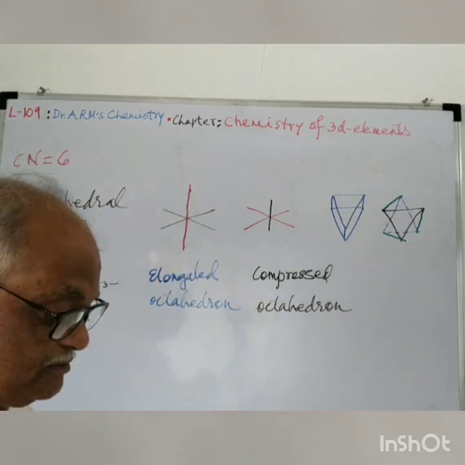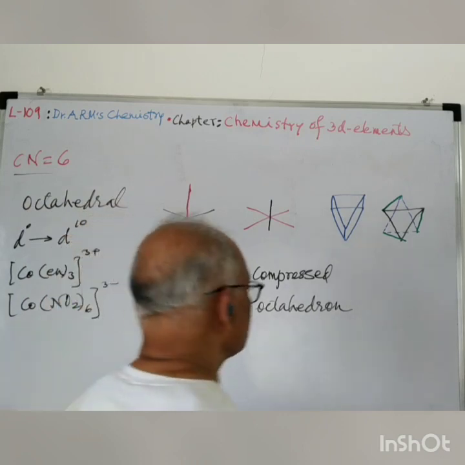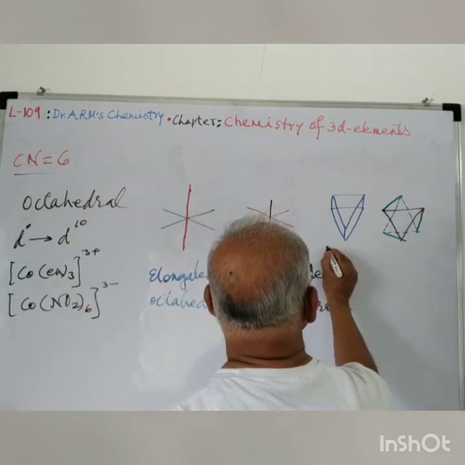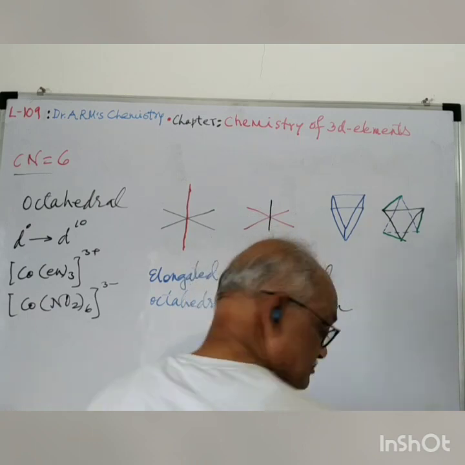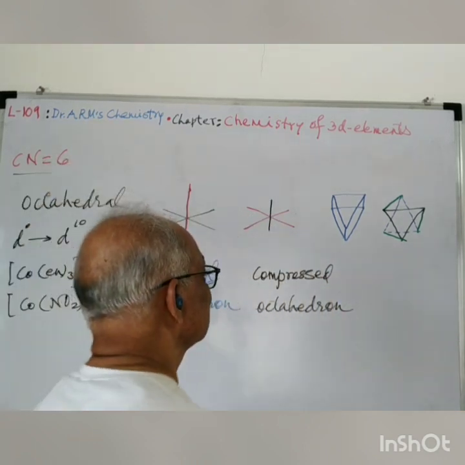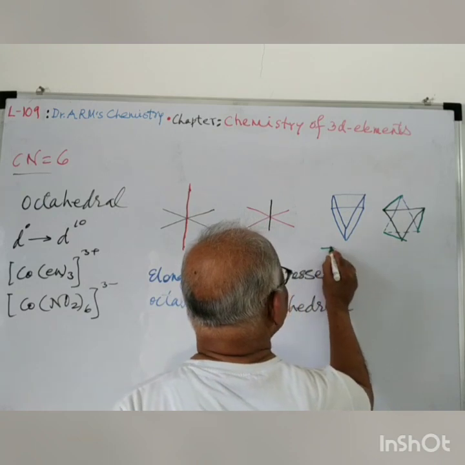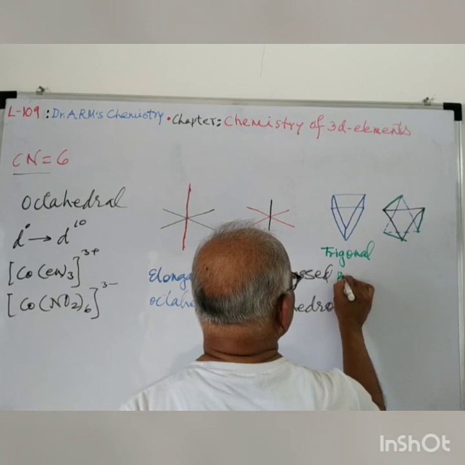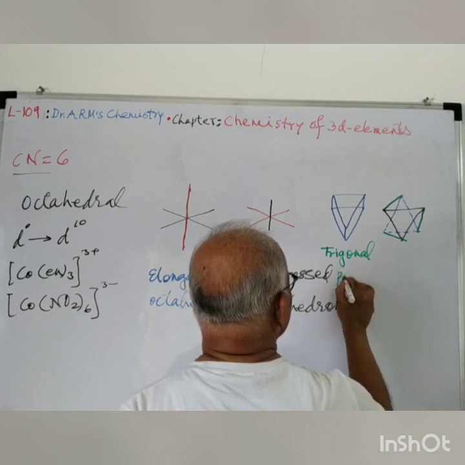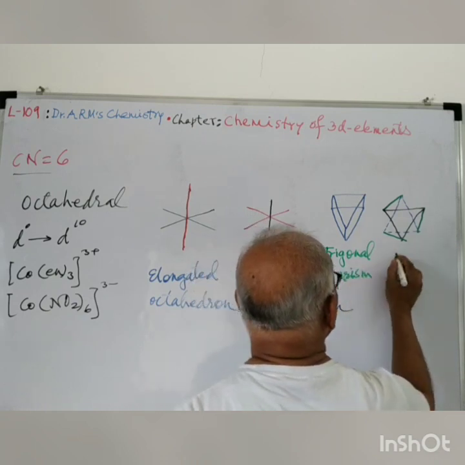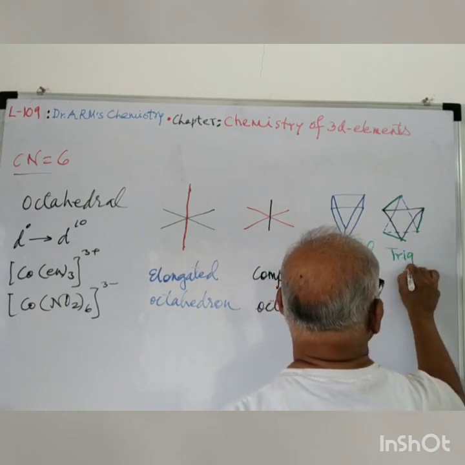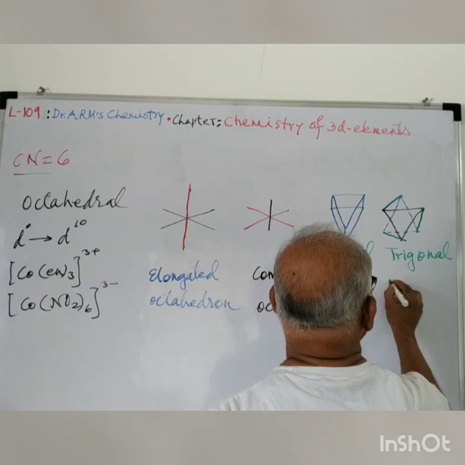These are two more structures. This is trigonal prism, and this is trigonal antiprism.